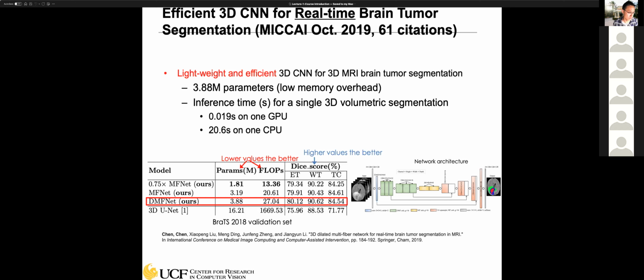They usually require a lot of resources and may take a very long time to process MRI volumes. So we want to develop a lightweight and efficient neural network that is very compact, requires a lot less memory overhead, and is also computationally efficient.